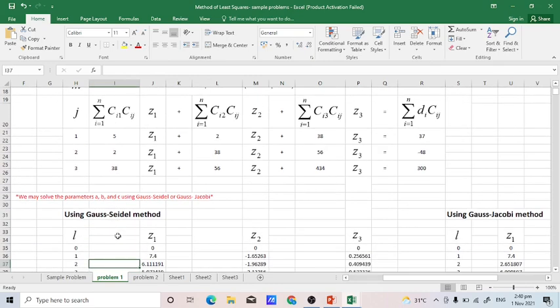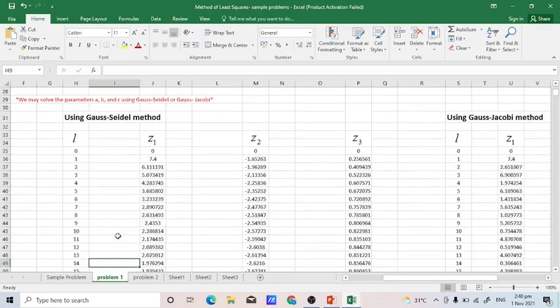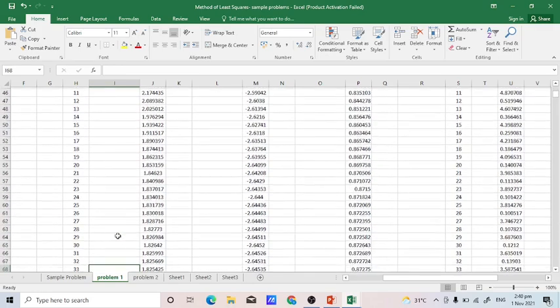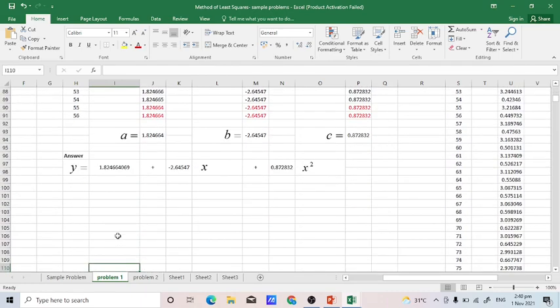And then, you can use Cramer's rule if you like. Pero ako, gumamit akong Gauss-Seidel method and Gauss-Jacobi na rin. So, tapos nag-arrive ako sa mga ganitong sagot. Okay, a, b, and c. Okay?